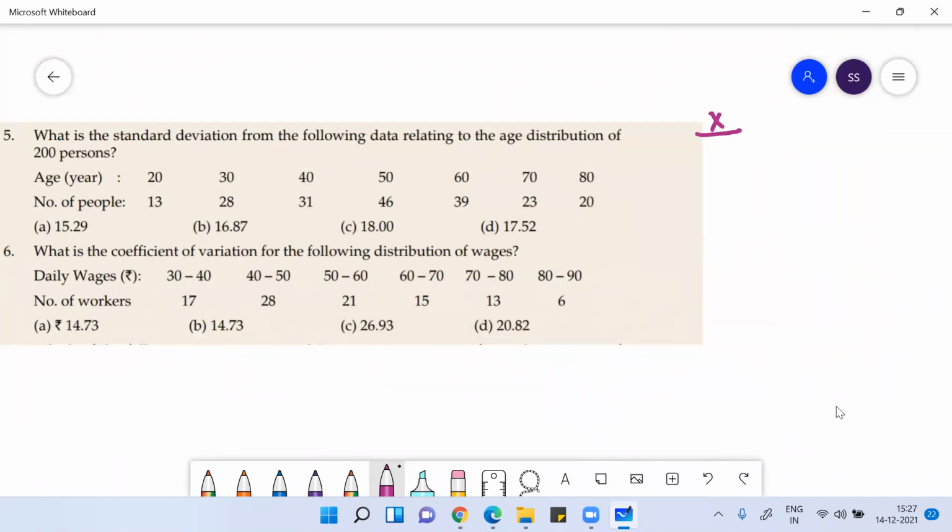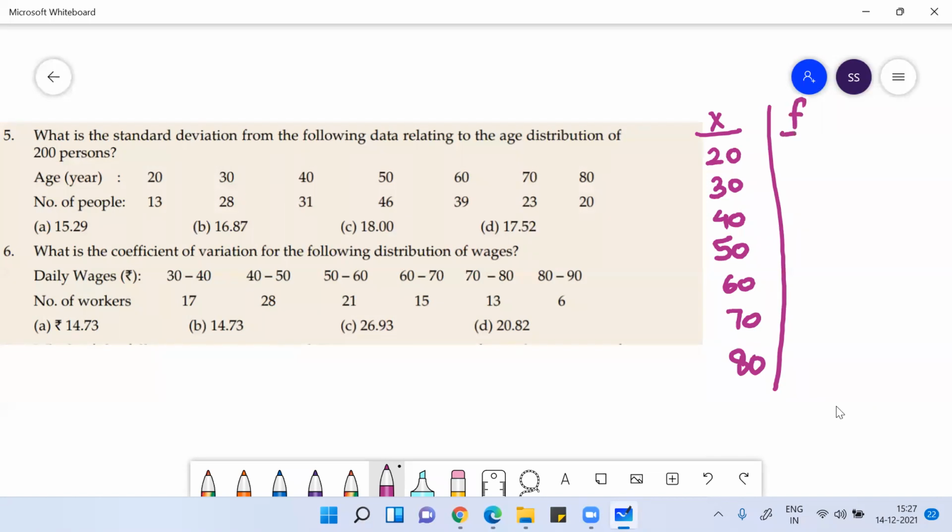So this age is my x: 20, 30, 40, 50, 60, 70, 80. This is my x, and this is my f. F is 13, 28, 31, 46, 39, then 23, then 20. I'll find the sum of f.